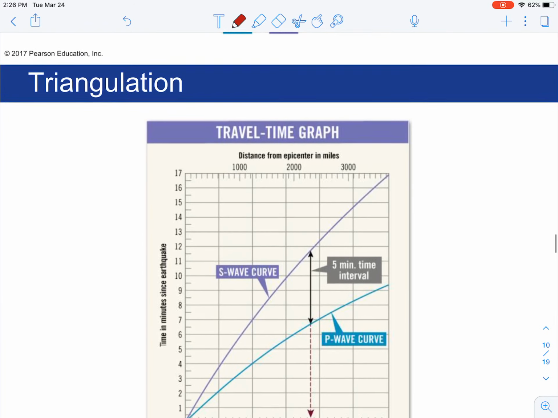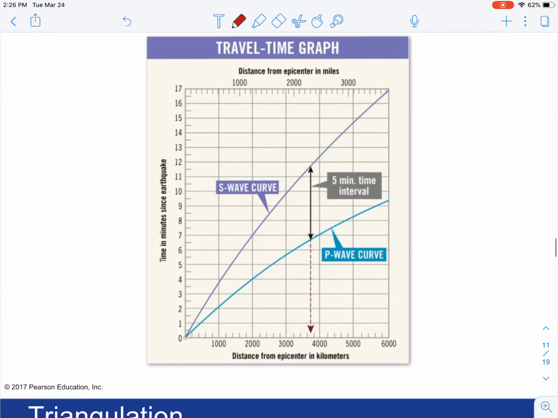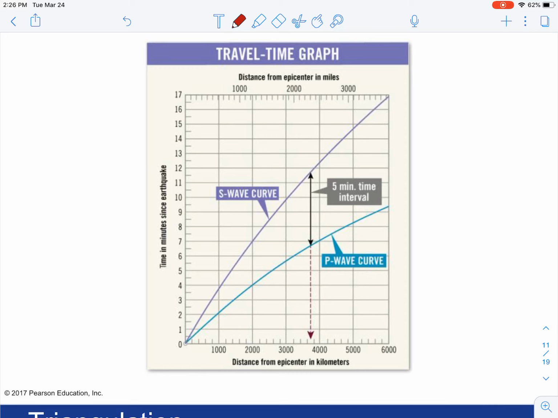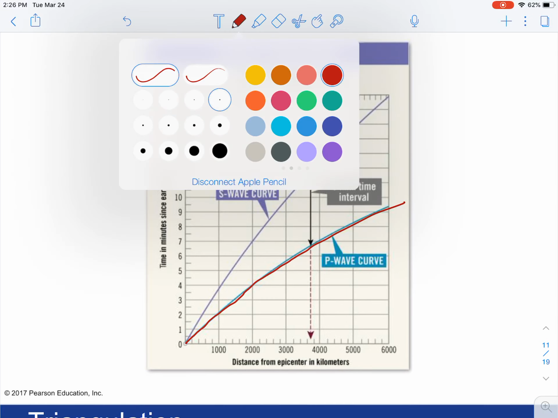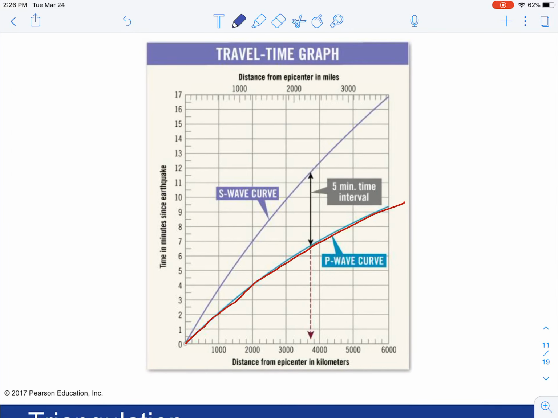So check it out. We can use a time travel graph to look at the arrival of P waves and then the arrival of the S waves. So here's your P wave curve right here, right? This tells us how fast P waves travel. And then your S wave curve tells us how fast.